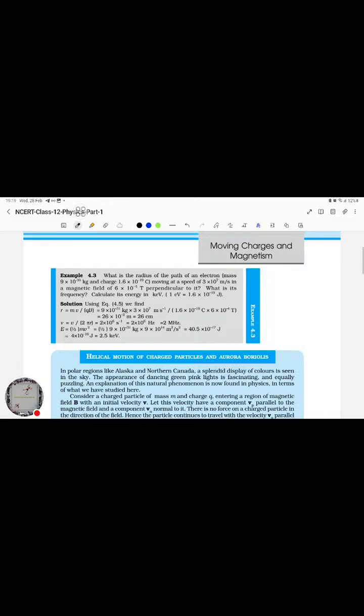So half into 9 into 10 power minus 31 into 9 into 10 power 14, and that's going to be 4 into 10 power minus 16 joules. That divided by 1.6 into 10 power minus 19 will give me something like 2.5 kilo electron volt.